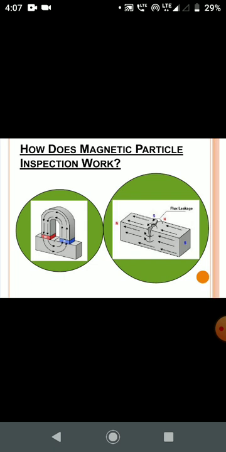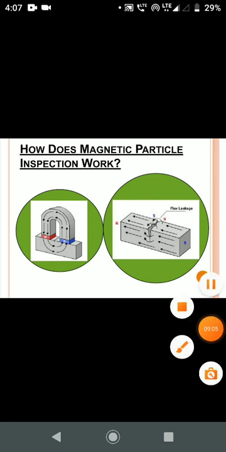Materials can react quite differently to the presence of an external magnetic field. This reaction basically depends on a number of factors, such as the atomic and molecular structure of the material, and the net magnetic field associated with the atoms.